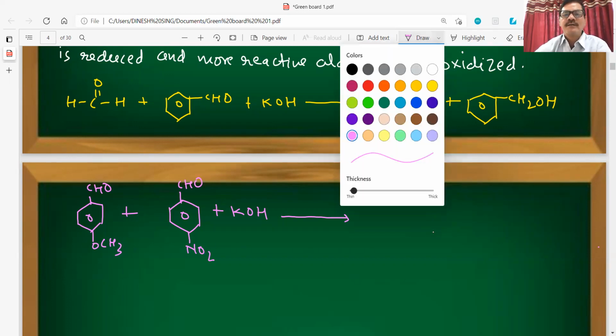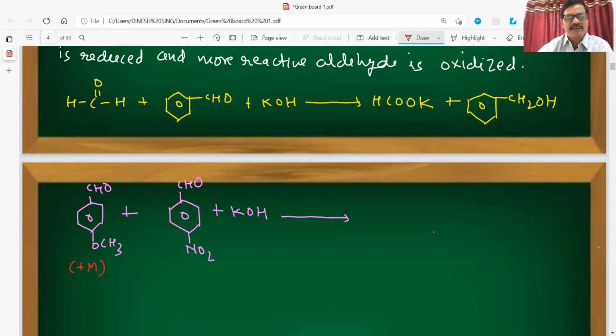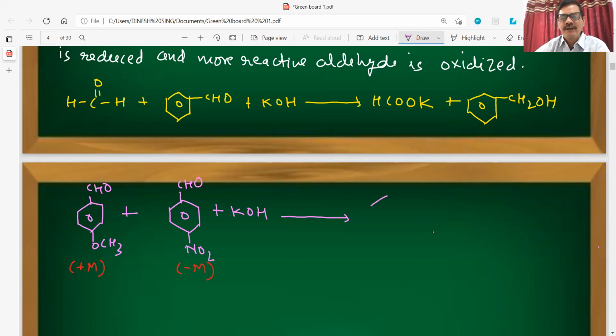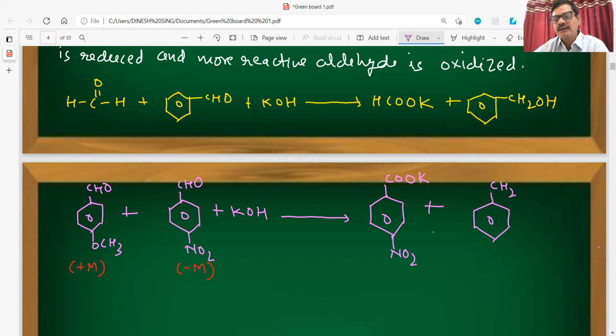So here I can write, this is giving plus M effect, this is giving minus M effect. So the aldehyde which is more reactive will convert into acid, that is COOK with NO2, plus this will get reduced to CH2OH with OCH3.